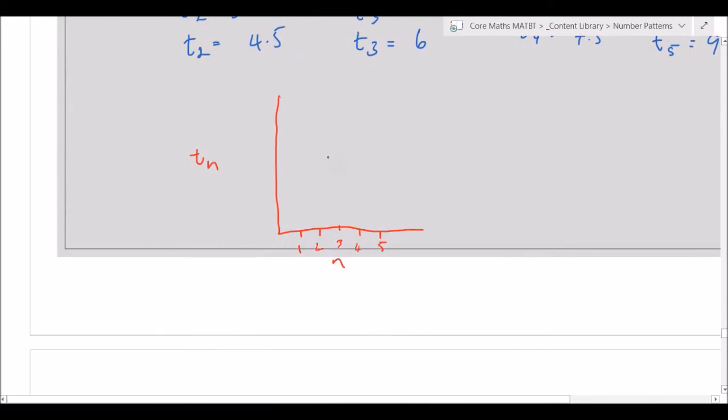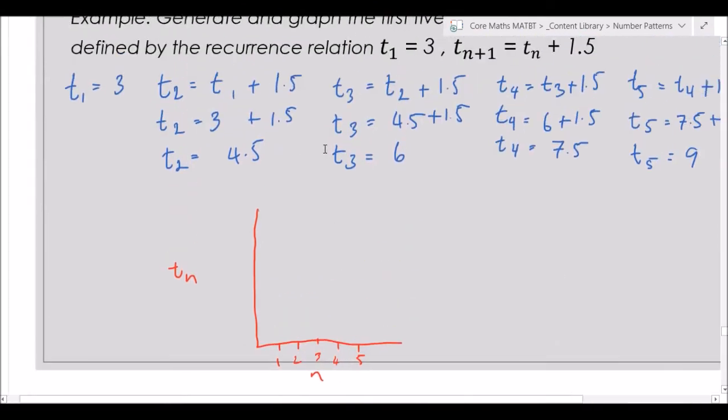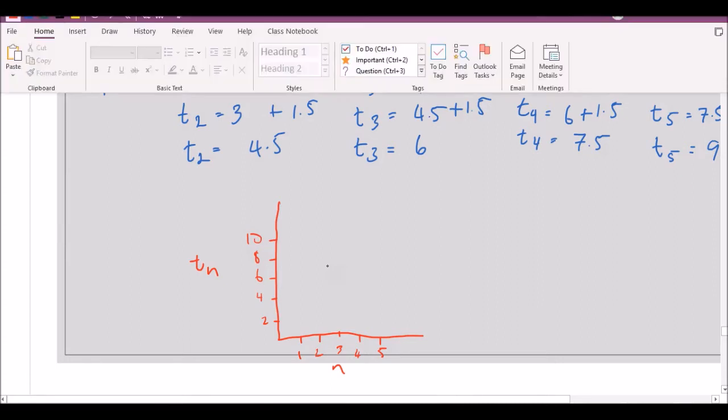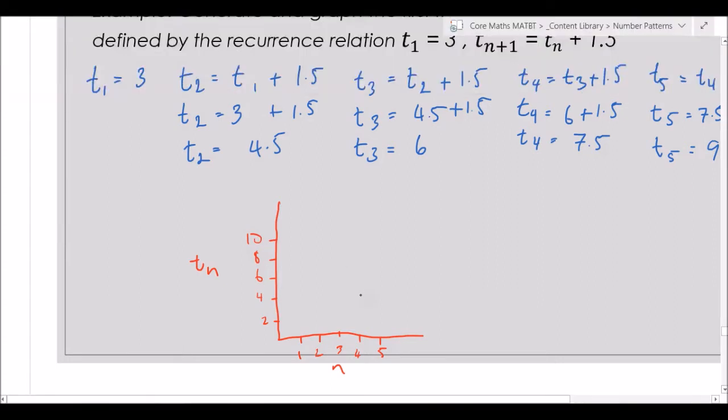Looking at my values, it starts at 3, finishes at 9. I might go up by 2s: 2, 4, 6, 8, 10. Now we graph it. Term number 1 is 3, so 3 is here. Term number 2 is 4.5, so if that's 4, 4.5 should be about here.